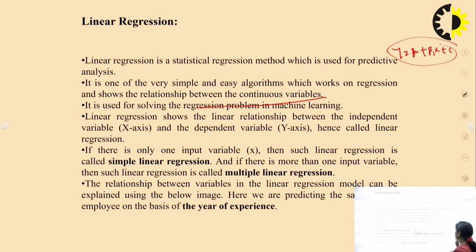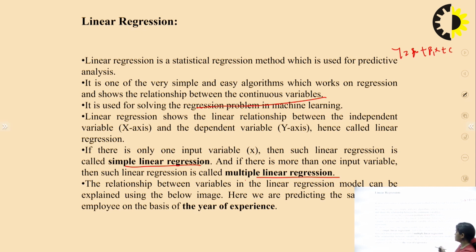And if there is more than one input variable, then such linear regression is called multiple linear regression. That is the only difference between simple linear and multiple linear. Both are linear regression, but in simple linear regression we have only one independent variable, and if we have more than one input or independent variable, then that is known as multiple linear regression.